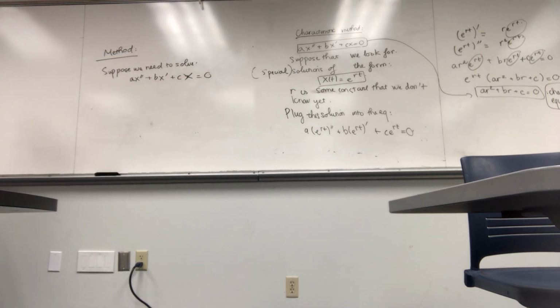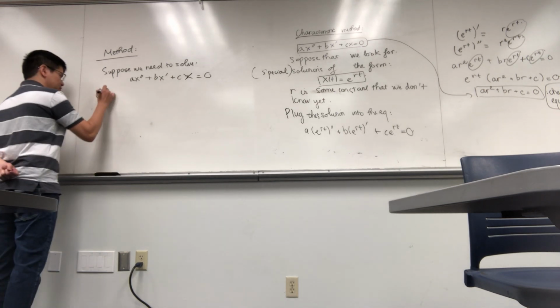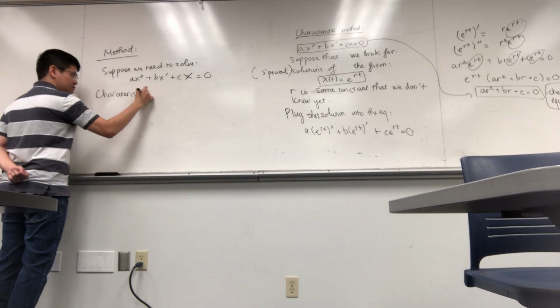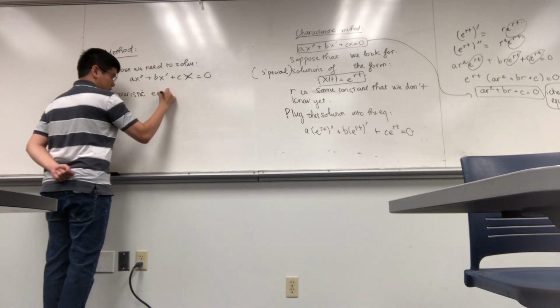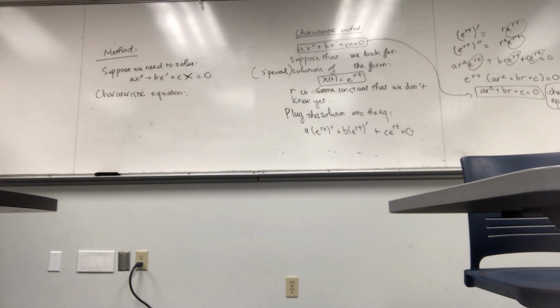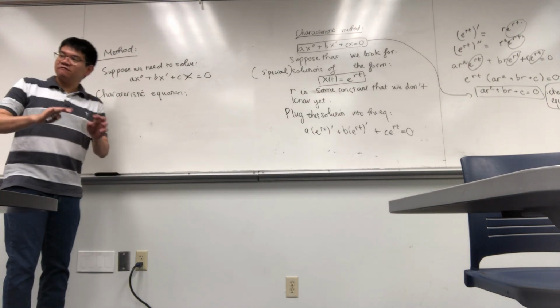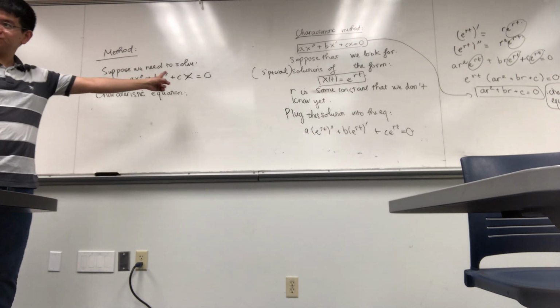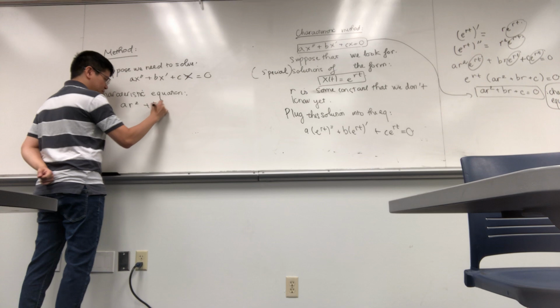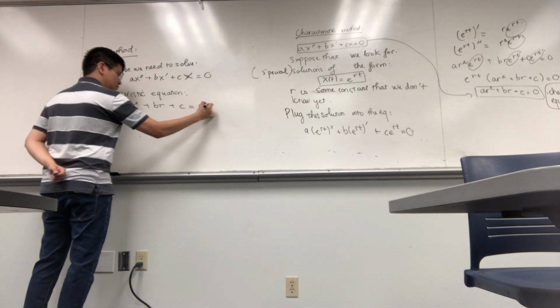All right? What you do is you write the characteristic equation. The characteristic equation will have a very similar form to the differential equation. You have ar squared plus br plus c is 0.